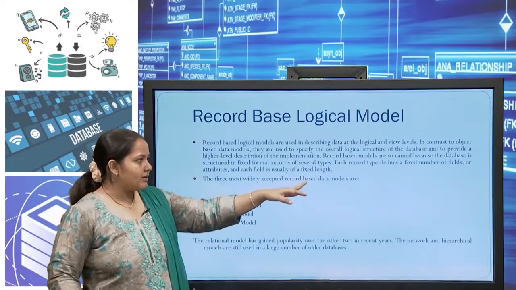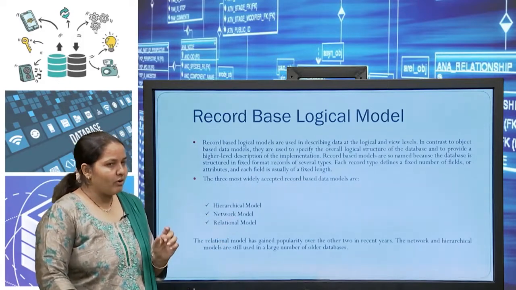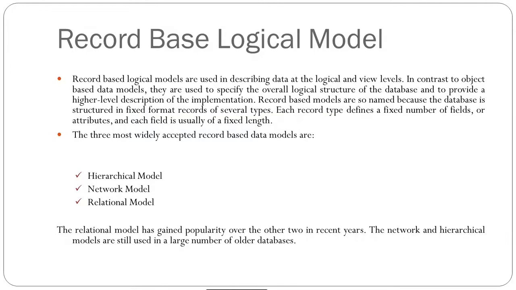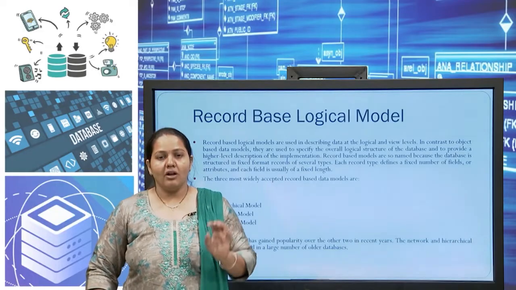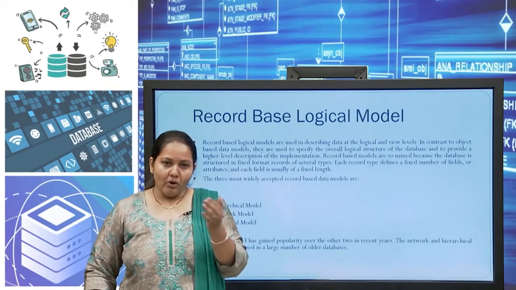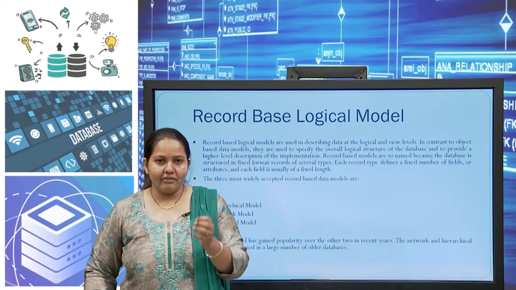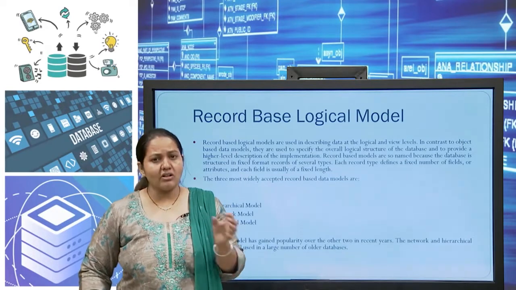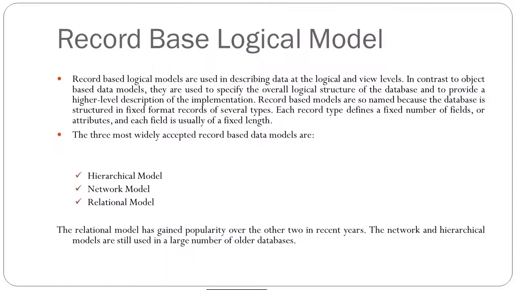Each record type defines a fixed number of fields. That means, if I am defining the structure for a student, with this model we can define which fields come with this table, and among the fields, which values are available, is also defined at this level.